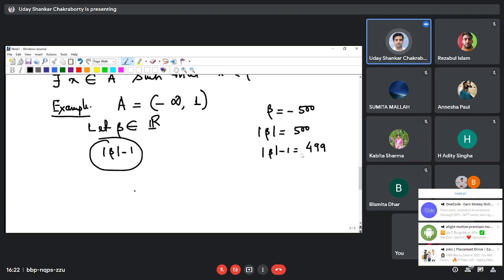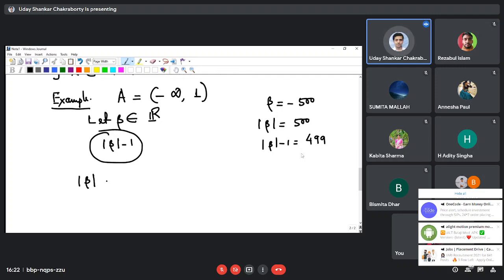See, you always know mod beta is greater than or equal to beta, so minus of mod beta is always less than or equal to minus of beta. But you want to compare between 1 minus mod beta and beta. Which one is bigger, which one is less?